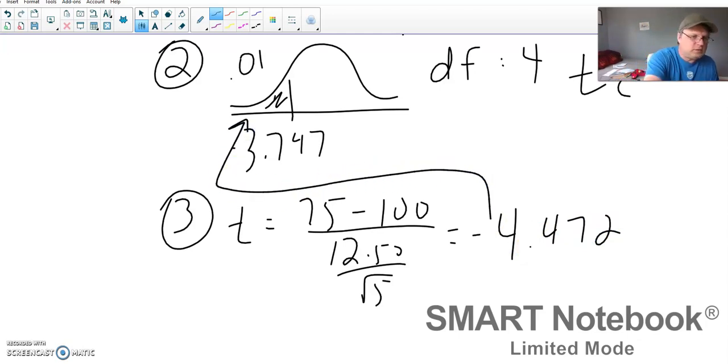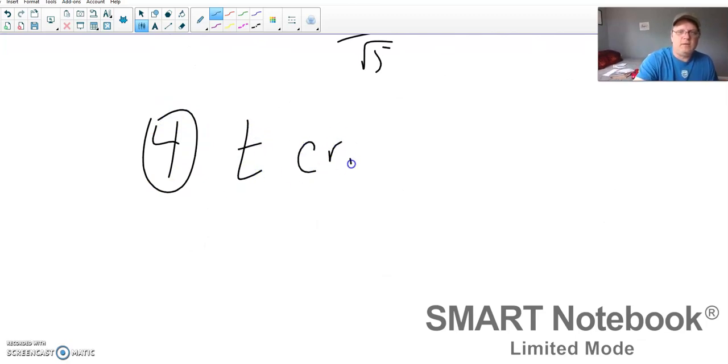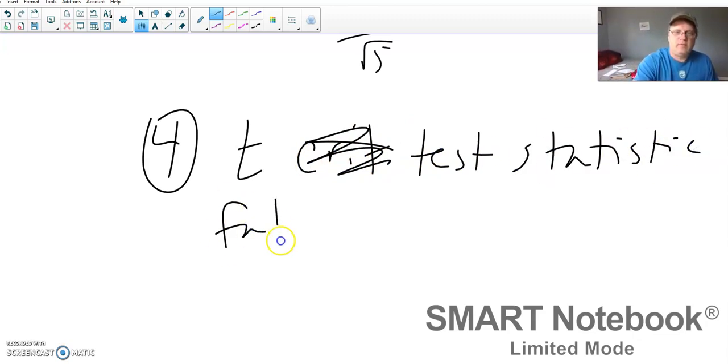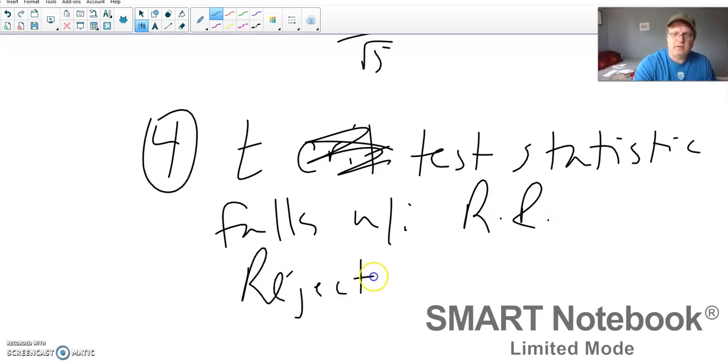So step 4, you would say the t test statistic falls within the rejection region. And since it falls in the rejection region, you reject the null hypothesis.